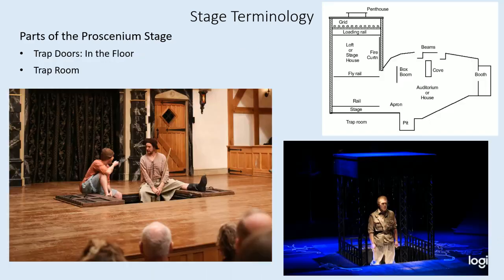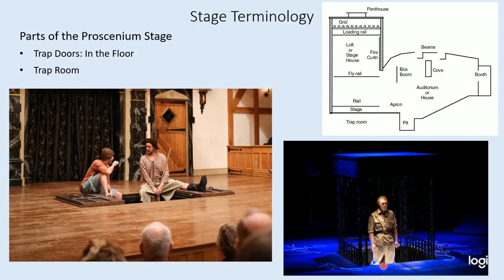So we spoke a little bit about traps, right? Trap door. So you can see in this, these doors simply hinge open to reveal a hole in the floor that these performers can crawl down from, crawl up from, pull things up from, right? So this is a trap door, a trap in the floor.